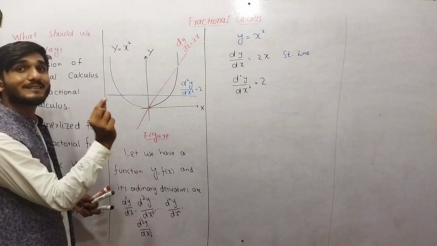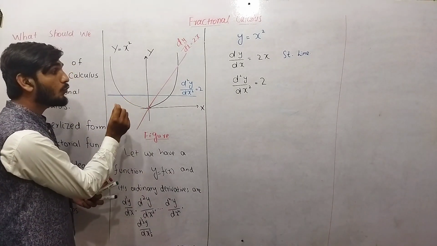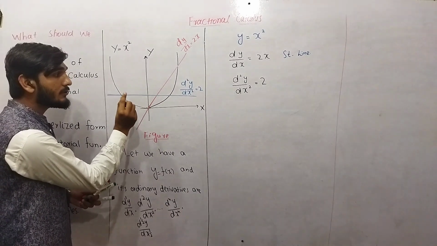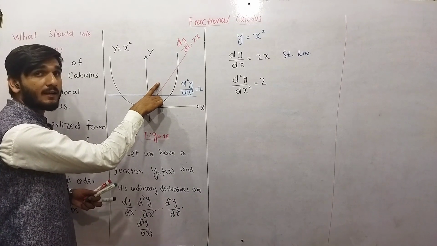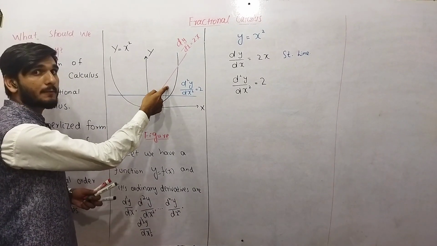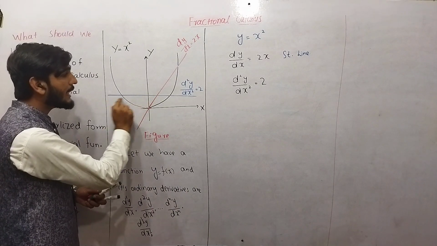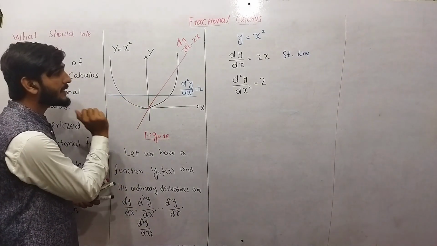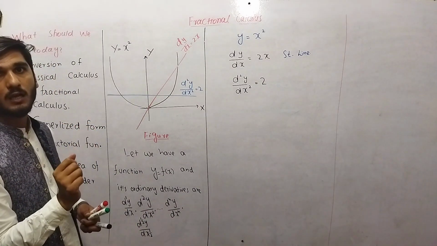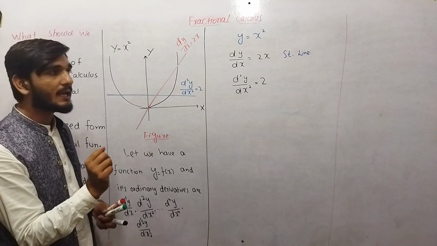It means there must be some derivative that continuously converts this parabola into a straight line, and this straight line to an intercept form, which is described by the blue line. So in fractional calculus we will discuss the arbitrary order derivative.